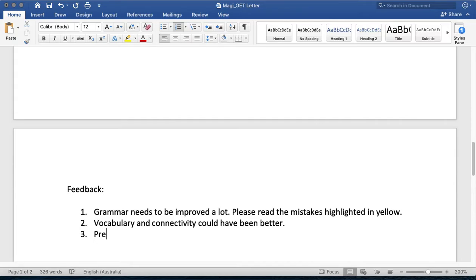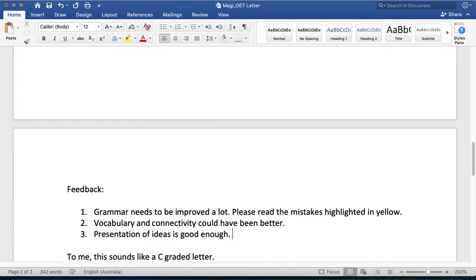Presentation of ideas is good enough because the ideas are flowing properly in order. However, she didn't provide good connecting phrases to go across them. To me this sounds like a C graded letter.